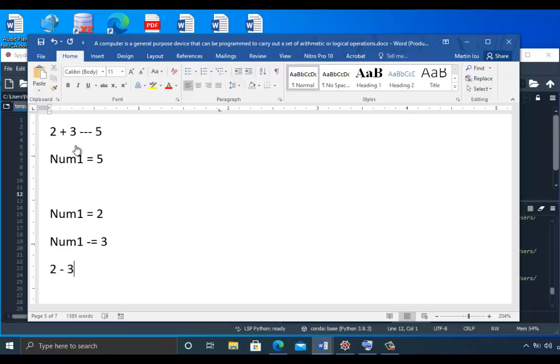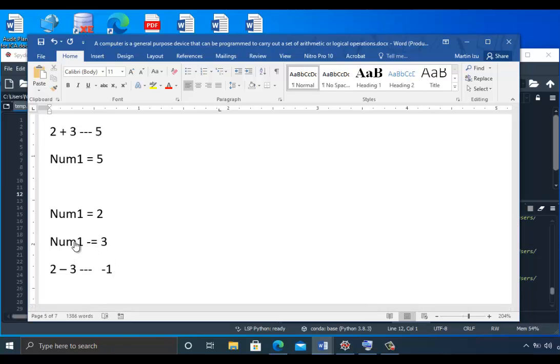What is the difference between 2 and 3? The difference between 2 and 3 is -1. 3 is greater than 2, so by the time you remove 3 from 2, you have what? -1.